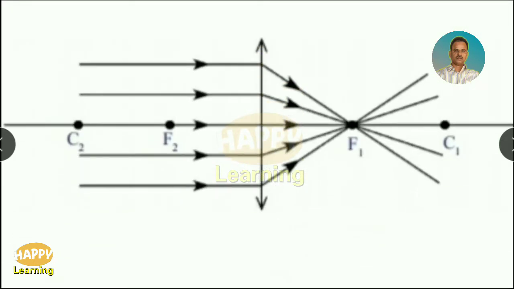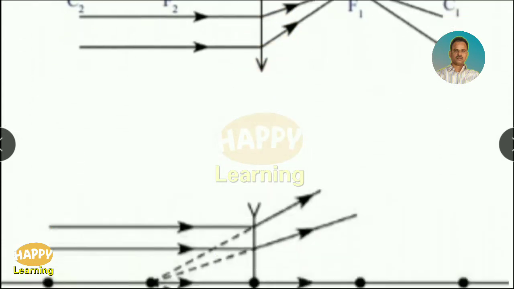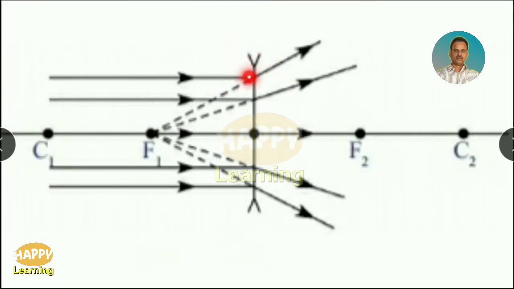So here, in place of a convex lens, you can use this symbol, a double arrow-headed line, to represent that the thickness is negligible. It is treated as a thin line. Similarly, in case of a concave lens, observe this arrowhead, it is reversed. So in case of a concave lens, instead of thickness, it is represented by a single line, and these arrowheads represent that this is a concave lens.